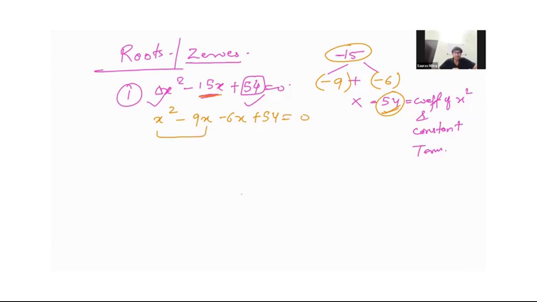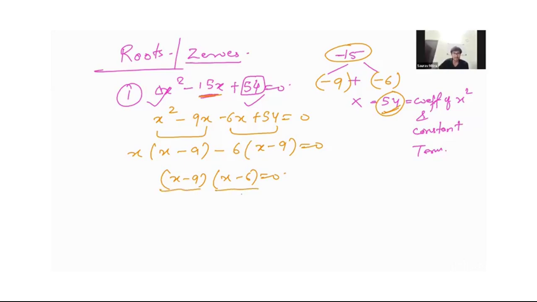Now solve this. Taking minus 6 common from the last two terms, you will have x(x - 9) - 6(x - 9) = 0. Now taking x - 9 as common, you will have (x - 9)(x - 6) = 0. Since the product is zero, at one time this is 0 or another time that is 0.